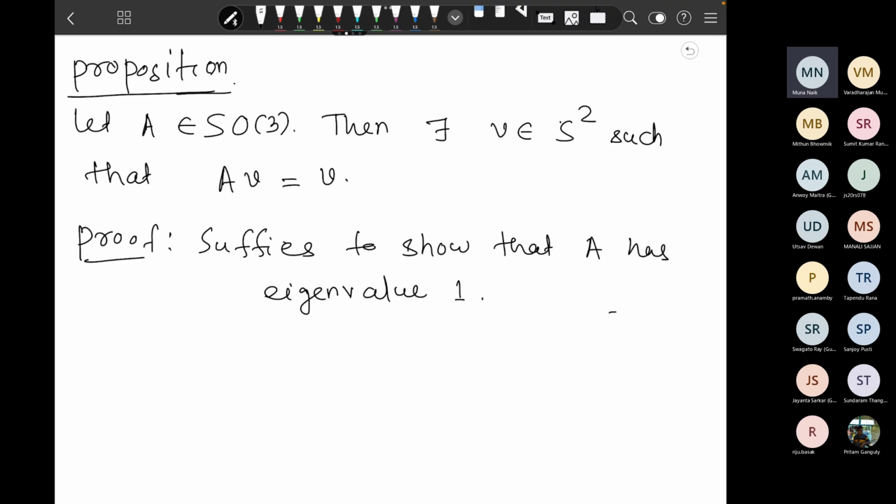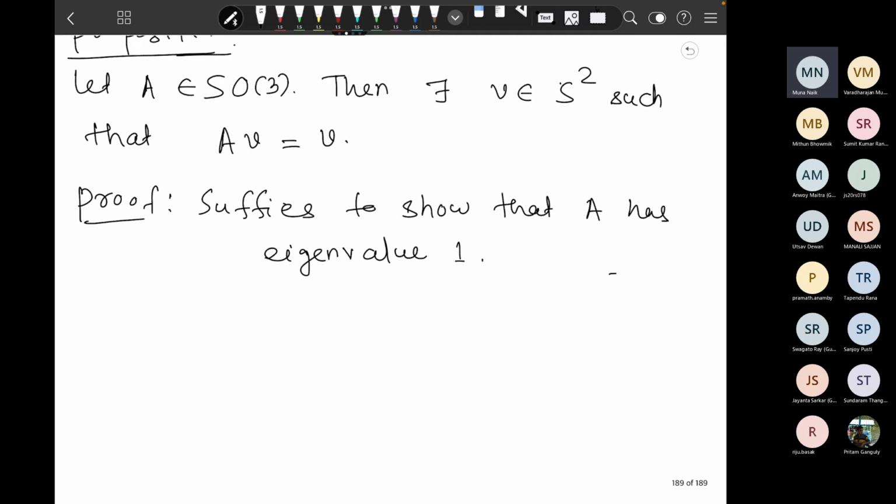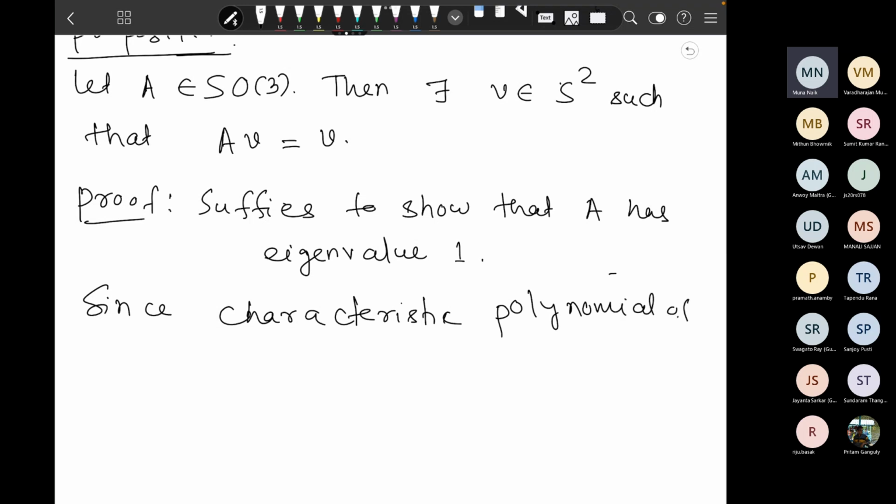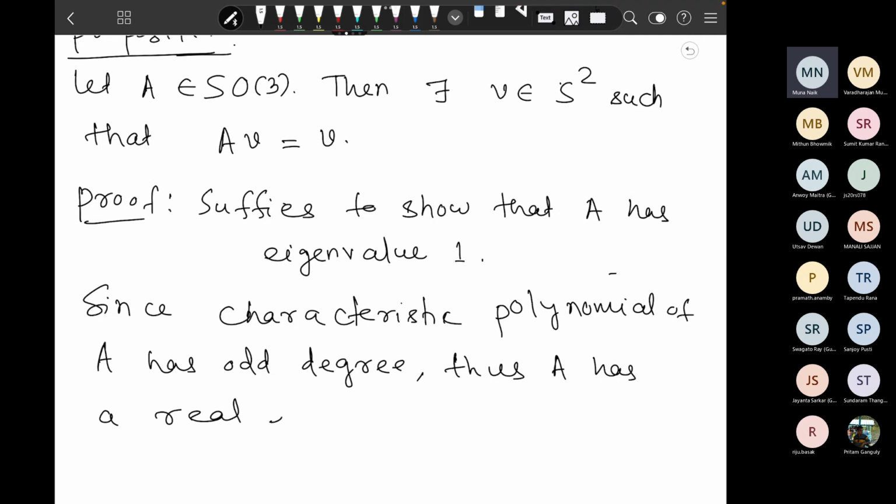Now observe that A has a characteristic polynomial of odd degree, and you know that an odd degree polynomial has a real root. Since the characteristic polynomial of A has an odd degree, A has a real eigenvalue lambda.